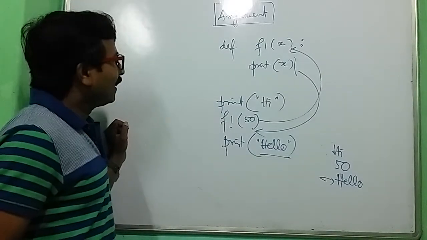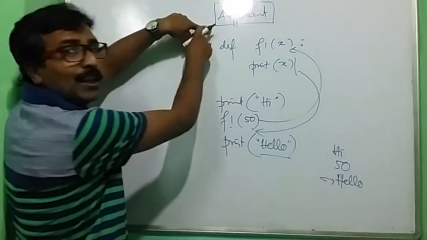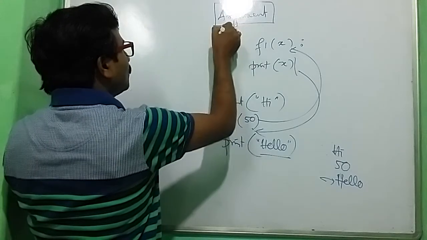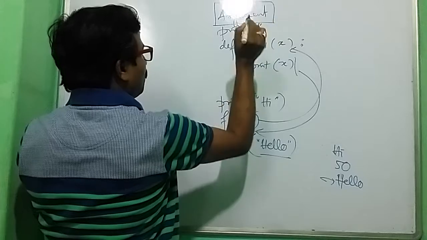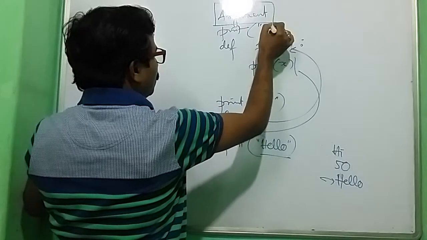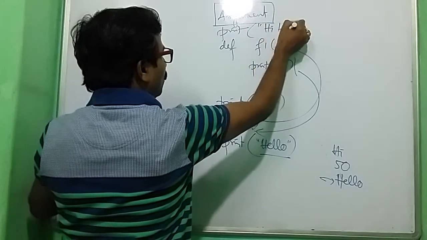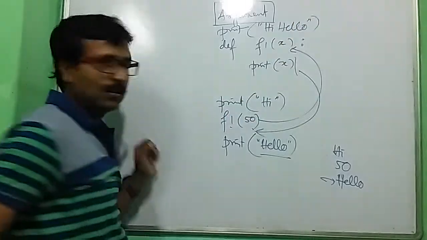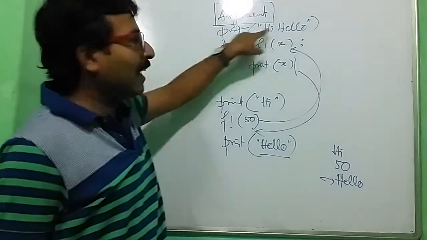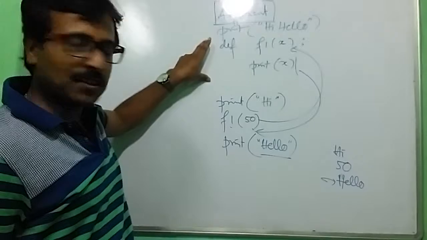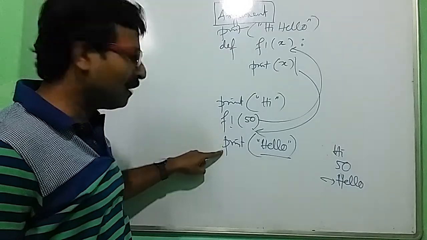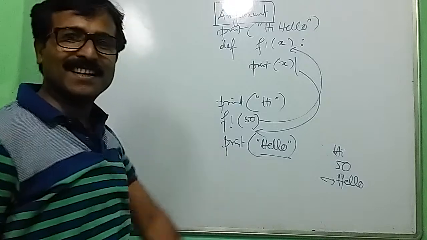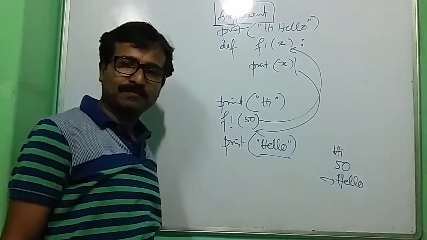Now suppose there is a print statement before the body of the function. Suppose I have one function, a print statement over here, suppose hi hello. So first line print hi hello, then the body of the function, then one line here and then the function call and then print hello. Now in this case, can you tell me what will be the output?